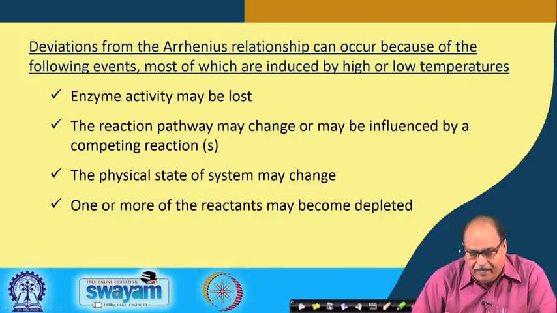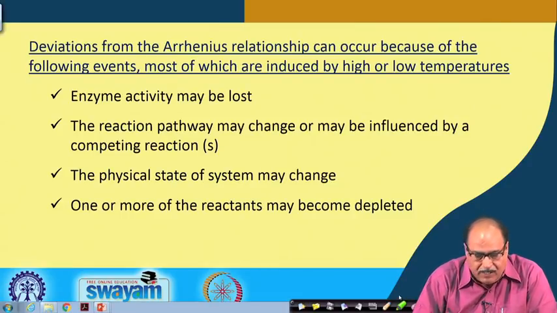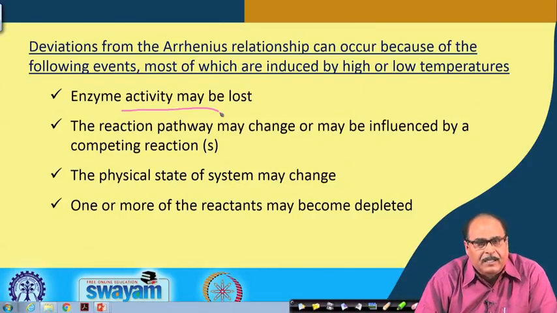And if we want to summarize the reasons for these deviations in the Arrhenius relationship: the enzyme activity might get lost depending upon the temperature and other factors.